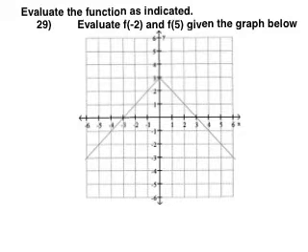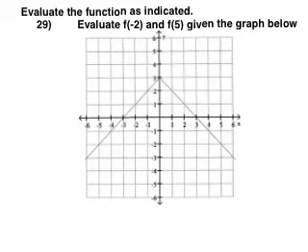Number 29, evaluate the function as indicated. It says evaluate f of negative 2 and f of 5 given the graph below. So now a graph gives us what f of x is doing, right? In this case, what the function is doing. It's showing us all of the x inputs, everything along the x-axis.